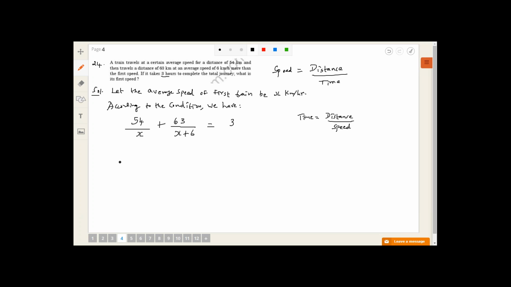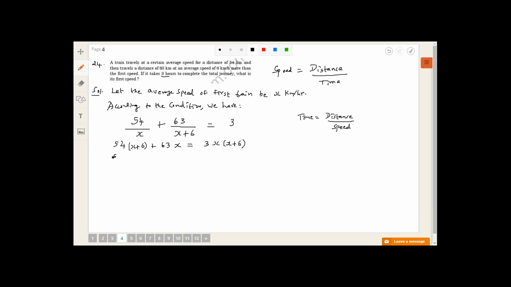So solving the equation, we get 54 into x plus 6 plus 63x is equal to 3 into x into x plus 6. We are taking the LCM and then doing the cross multiplication.